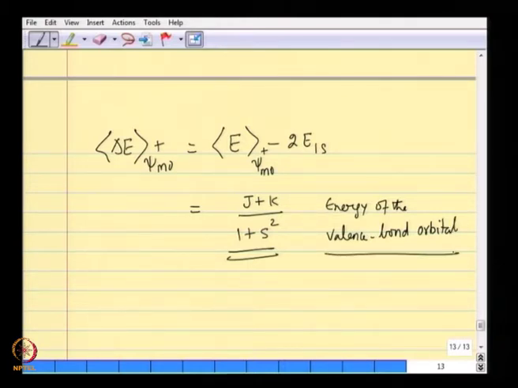Okay. The calculation of J and the calculation of K in the case of hydrogen molecule involves one additional step, namely the electron repulsion term, in addition to the terms that we calculated earlier for the hydrogen molecule ion, but they can be done, and I am not going to discuss the magnitude of that.